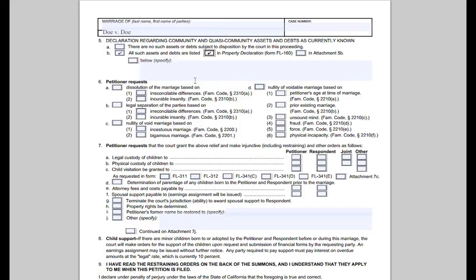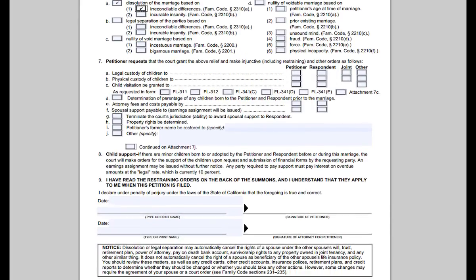For number 6, check off A, dissolution of marriage. Also check off box number 1, irreconcilable differences. And let's scroll down here.